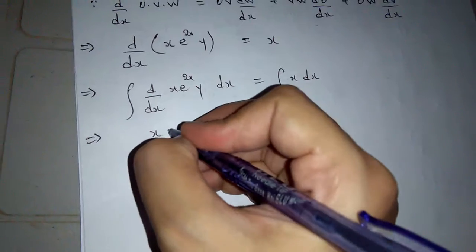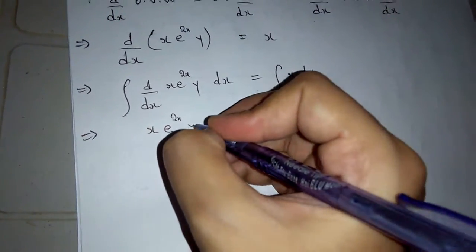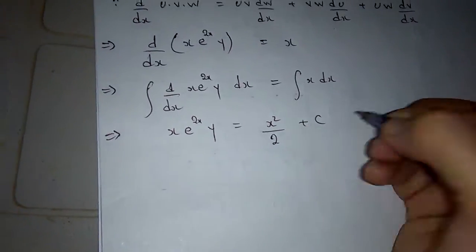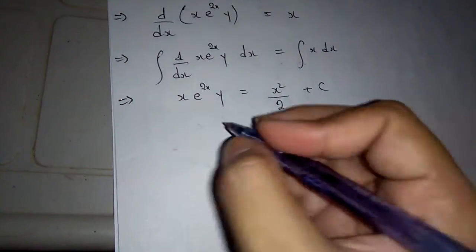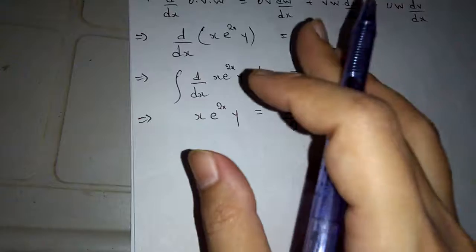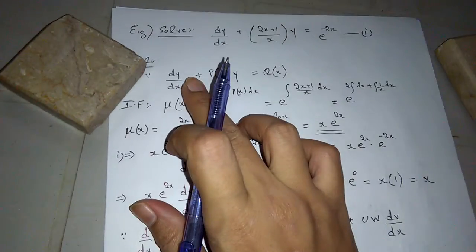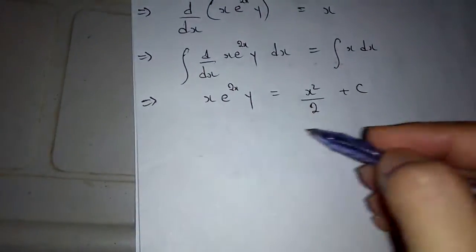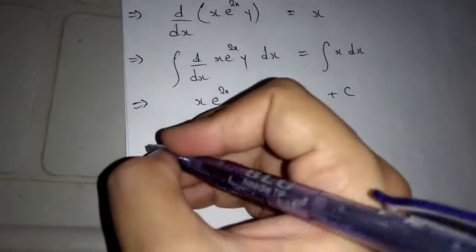So this thing is going to be left here simply, and over here is left x squared upon 2 plus some constant. As we know, y is behaving as a dependent variable here, so y is actually f of x. So we can either stop our work here, that could be our answer as well.